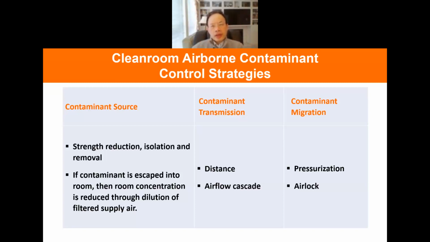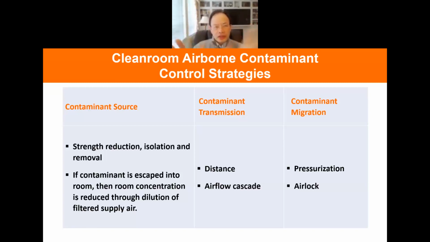So you provide a certain cascading effect. And to control the contaminant or particle migration, one is to do pressurization or depressurization, to intentionally direct the leakage airflow direction. The other is to use the airlock.